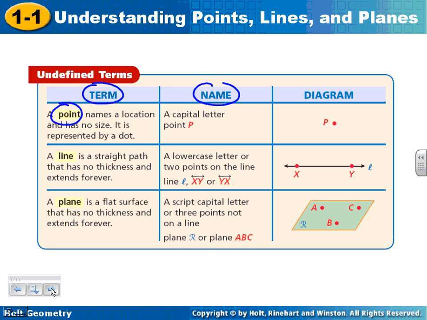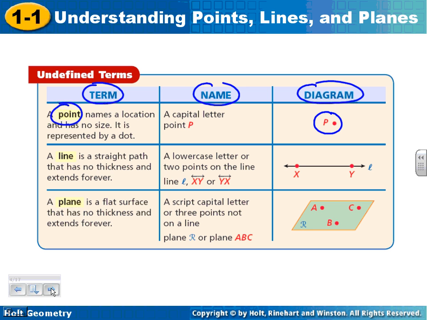It doesn't have to be P. It can be any of the 26 letters of the alphabet. They're just using P for point. Pretty clever there. The next column is the diagram, and that's what it looks like. It's literally a point, a dot, with a capital letter. Again, it doesn't have to be the letter P. It could be A, B, C, or anything.